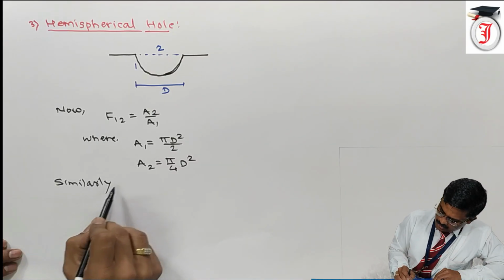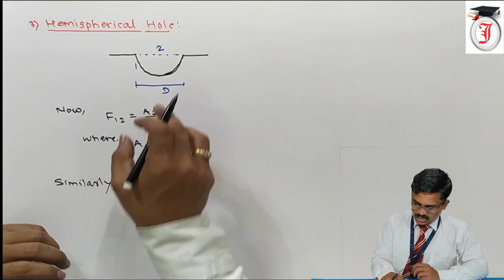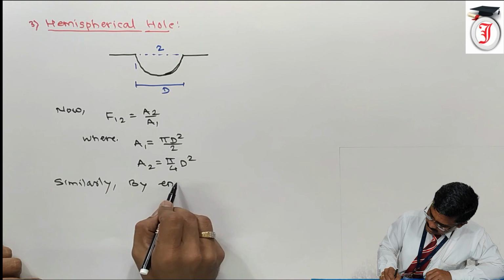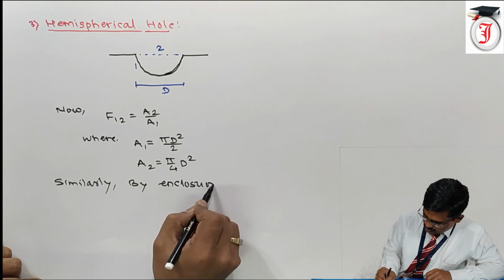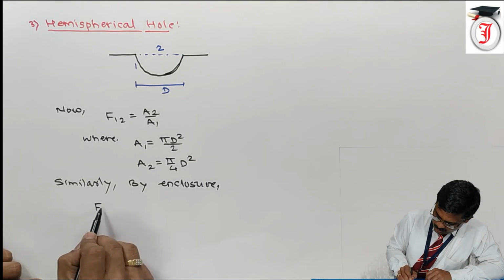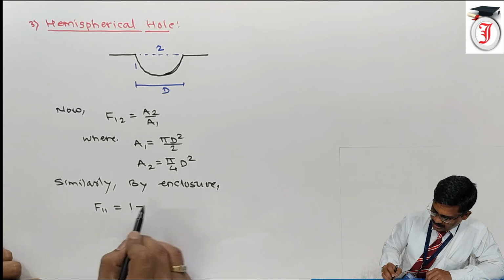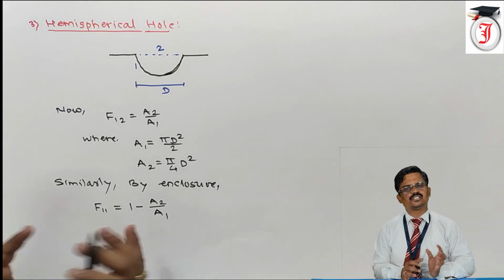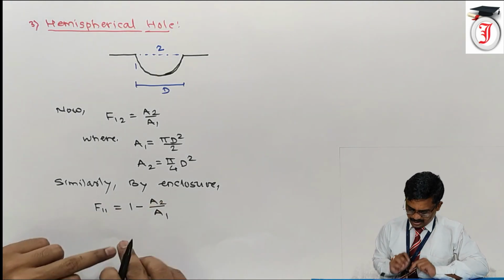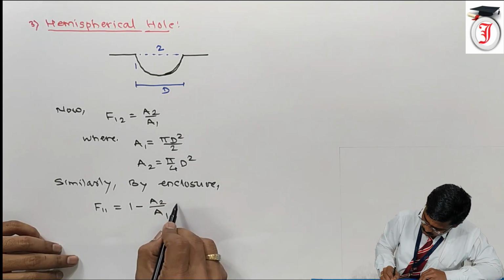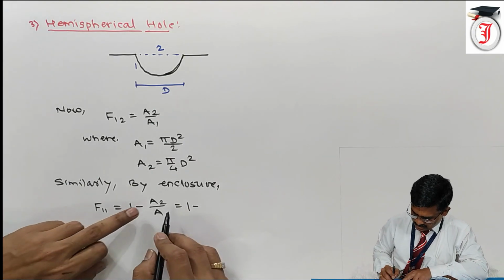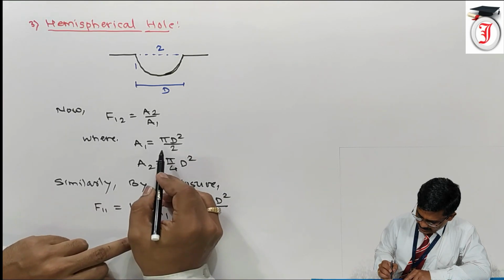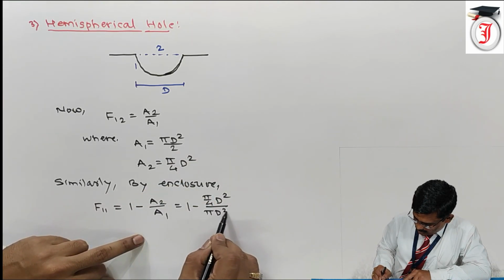Similarly, we have the enclosure theorem, and by enclosure we have F11 is equal to 1 minus A2 upon A1. This is similar to the previous case, so put the values and calculate the answer. That is equal to 1 minus pi by 4 d square upon pi d square upon 2.